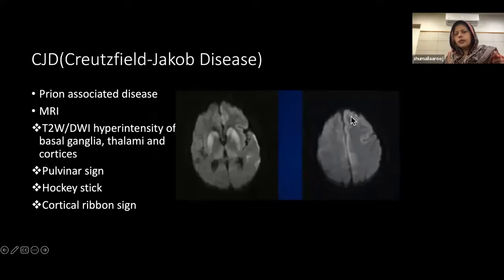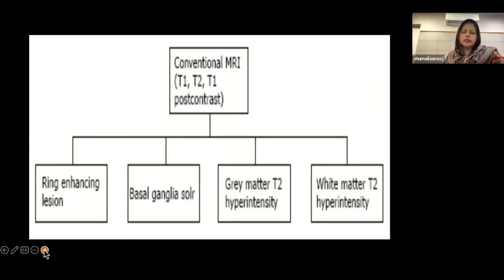So whenever you see cortical diffusion restriction or cortical T2 weighted hyperintensities, basal ganglia hyperintensity on FLAIR signals or diffusion restriction, and then this pulvinar or hockey stick sign in the region of medial thalami, always consider CJD or prion associated disease.